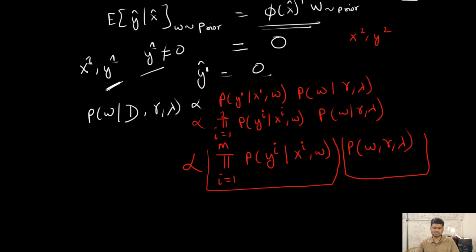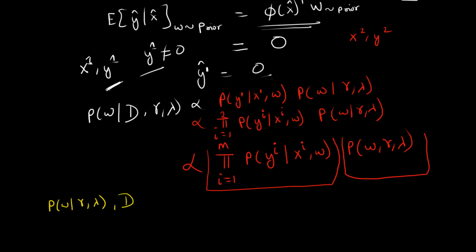So this is the Bayesian formulation, right? What the Bayesian formulation says is that given the prior P of W given gamma comma lambda and the data set, we compute a posterior distribution P of W given the data set and the hyperparameters gamma and lambda. It is directly proportional to, or equal to, because the denominator is a normalization term, we can ignore that, as we had discussed earlier as well.